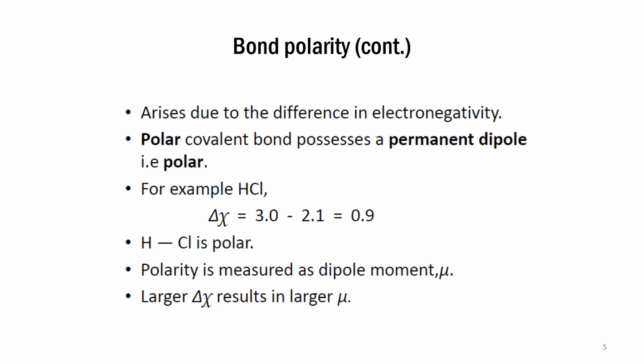So hydrogen chloride is polar. So the polarity is measured as a dipole moment. A larger difference in the electronegativity results in a larger dipole moment. So struktur dia akan lagi besarlah pada kawasan yang negatif tu.